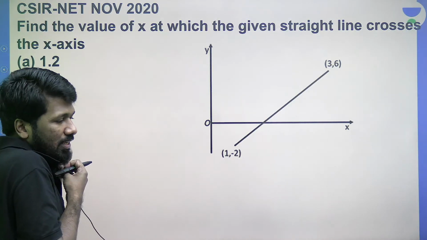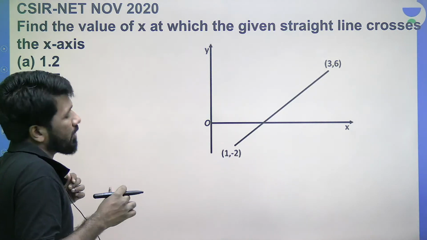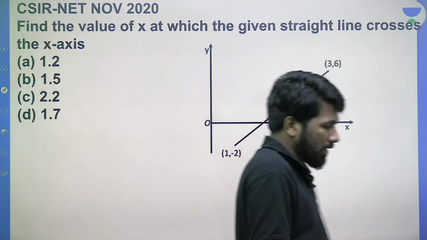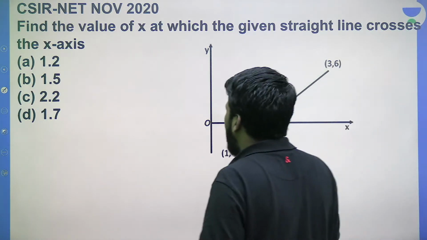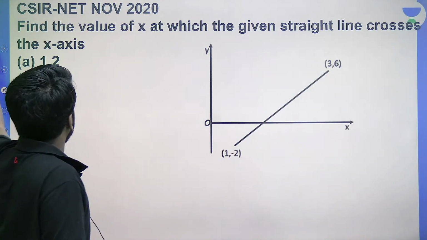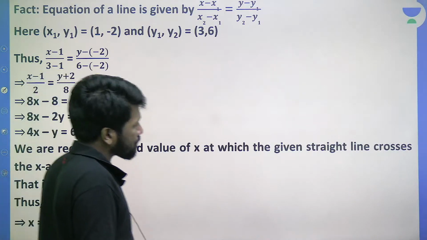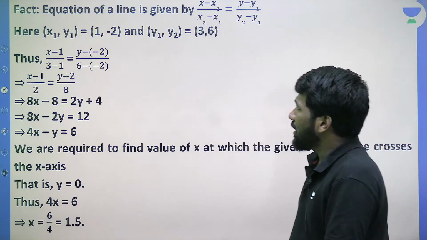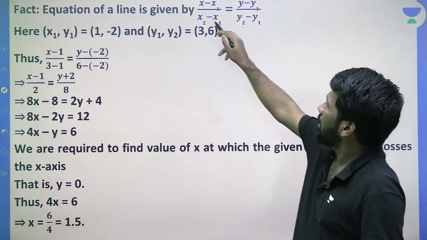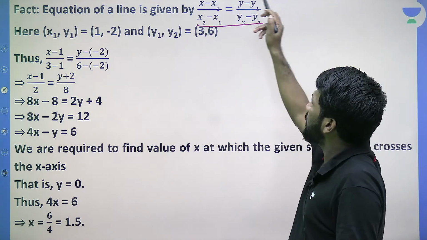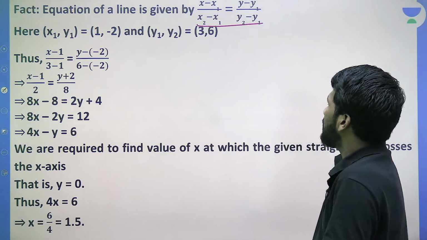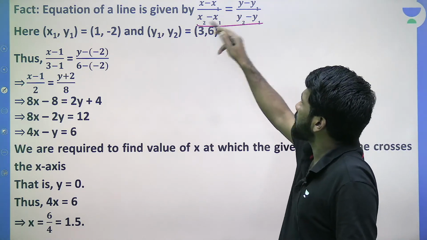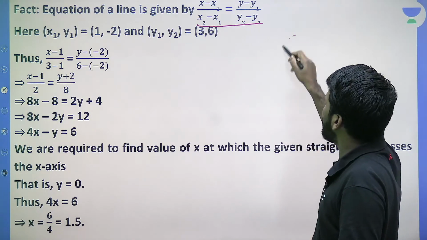But first I will explain the coordinate geometry aspect of this, because we are trying to get familiar with coordinate geometry more now. And then we will discuss other shortcut ways also. Look at the solution. The equation of the line is (x minus x1) by (x2 minus x1) divided by (y minus y1) by (y2 minus y1). What is this x1 and x2 and y1 and y2?